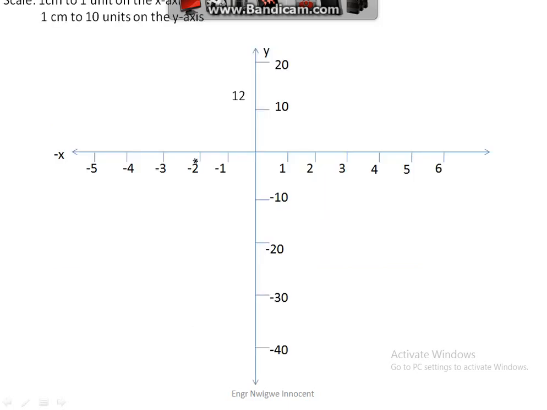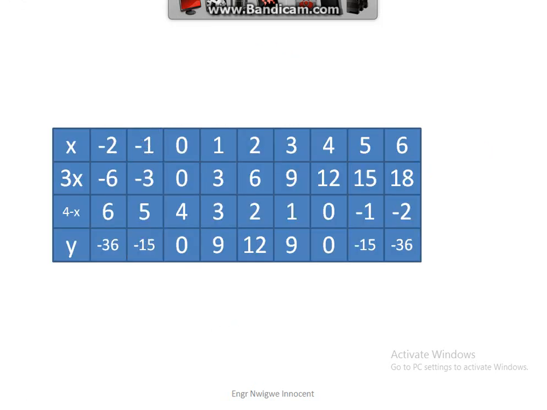Then for the second value, you now go to the table. The second value of x is minus 1 and the second value of y is minus 15.